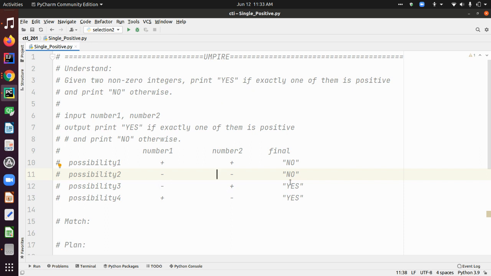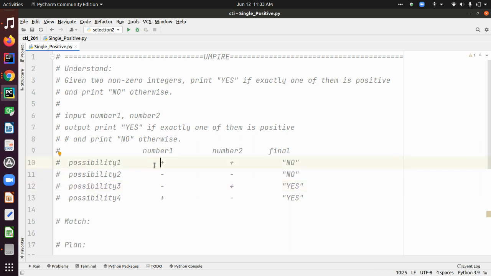We figured them out and wrote them down. So now we can think of how we need to check for these combinations.